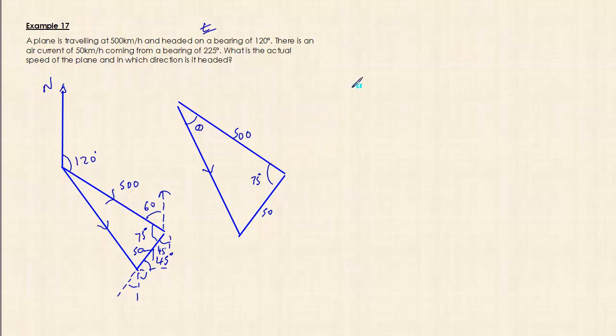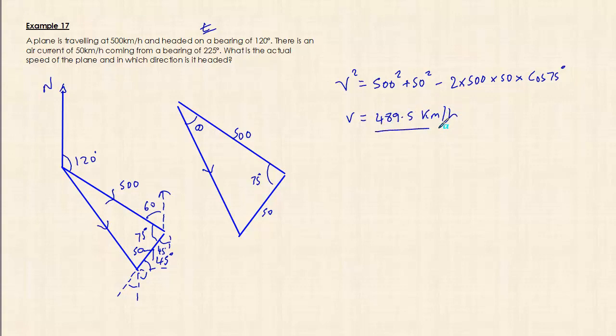So we can then use the cosine rule, so v squared is 500 squared plus 50 squared, take away 2 times 500 times 50 times the cosine of 75 degrees. Work that out and square root, and we get the same answer, 489.5 kilometers per hour.